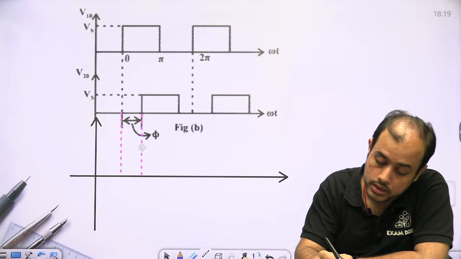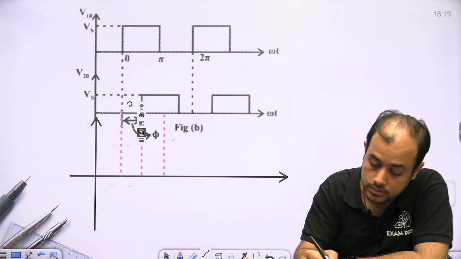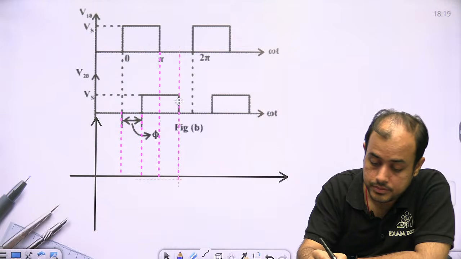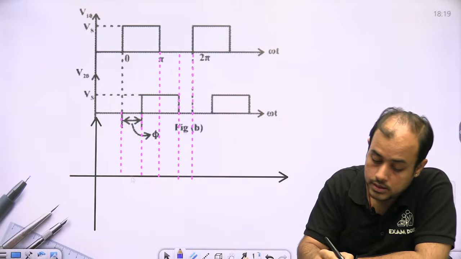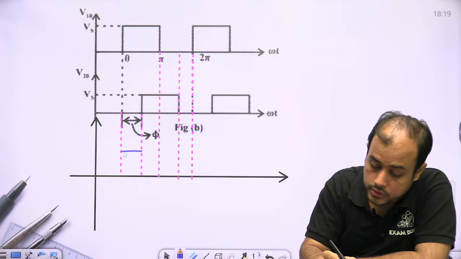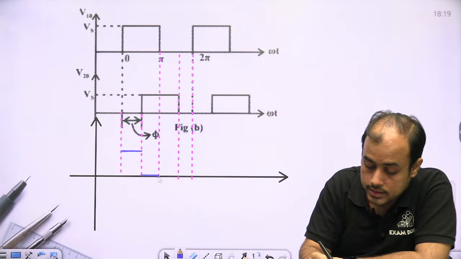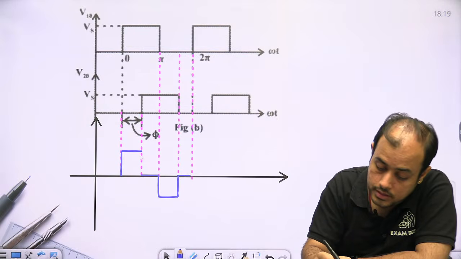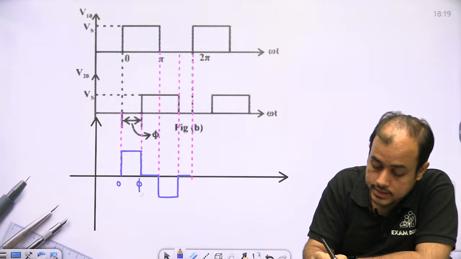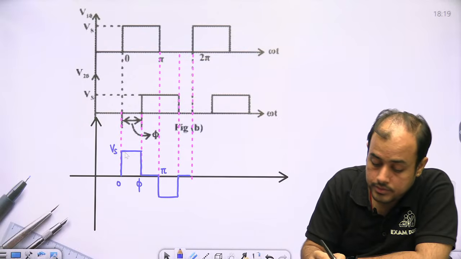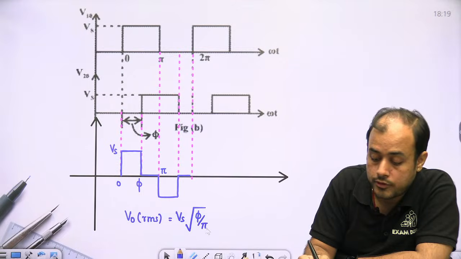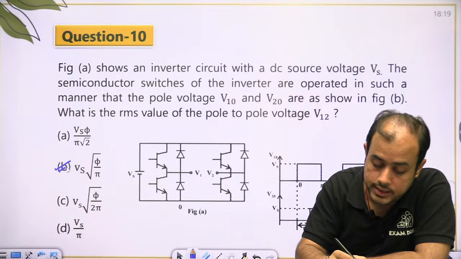So whenever both are unequal, the difference will be non-zero. And when both are equal, the difference will be 0. So Vs minus 0 is Vs, then 0. 0 minus Vs is minus Vs. Then again 0 minus 0 is 0. So you can see root pi upon pi, because duration is coming as pi, total is pi.